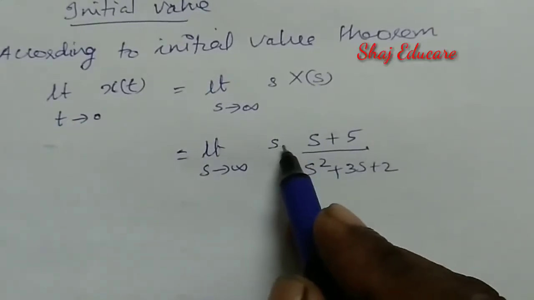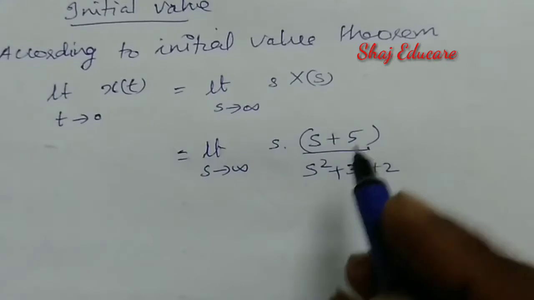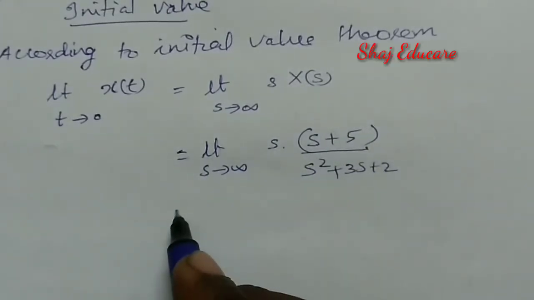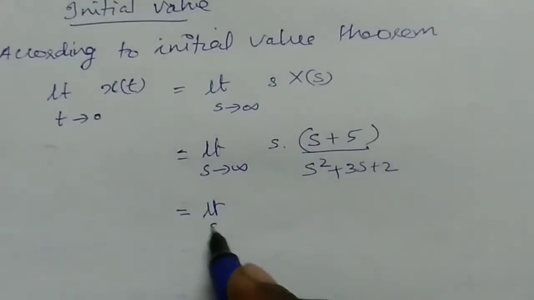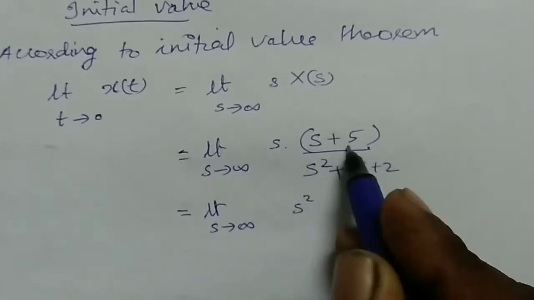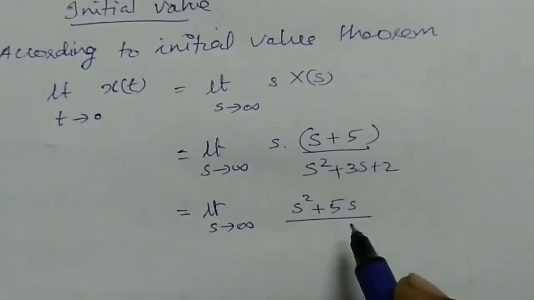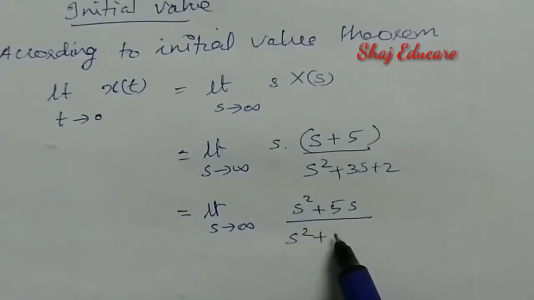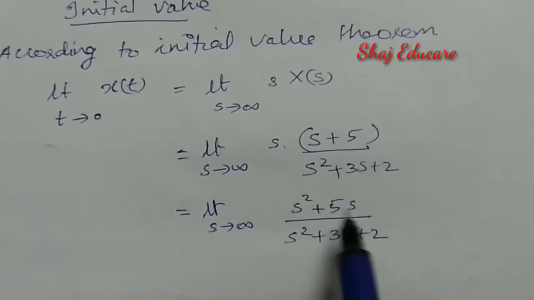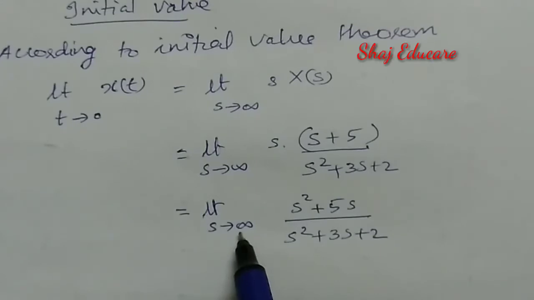Now let us put a bracket here, as we have multiple terms. Now let us expand the bracket. That will be equal to the limit as s tends to infinity of s into s becomes s², s into 5 gives 5s, divided by s² + 3s + 2. Now we have to apply the limits here. Just substitute s equal to infinity.